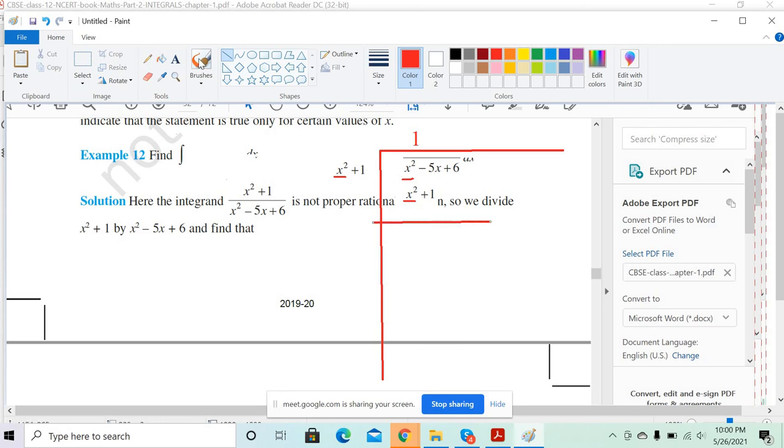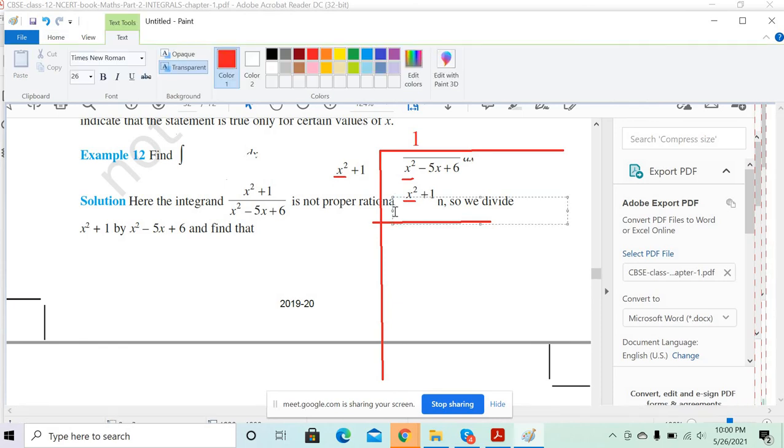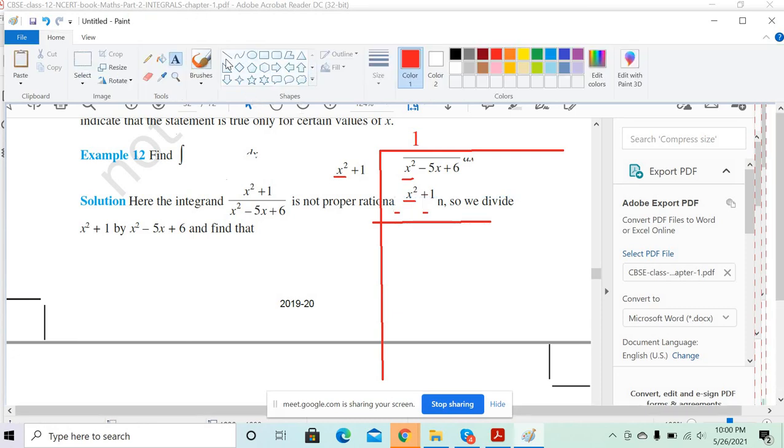Change the sign now. This will become the minus sign. This is plus, this is minus, and this is minus, correct? So x square minus x square cancelled.